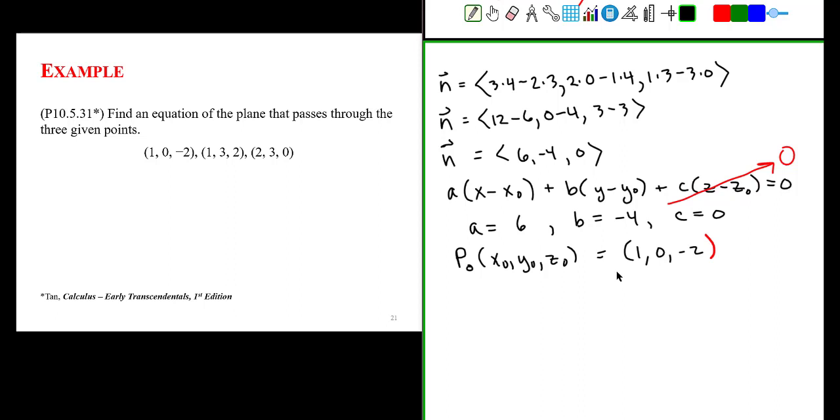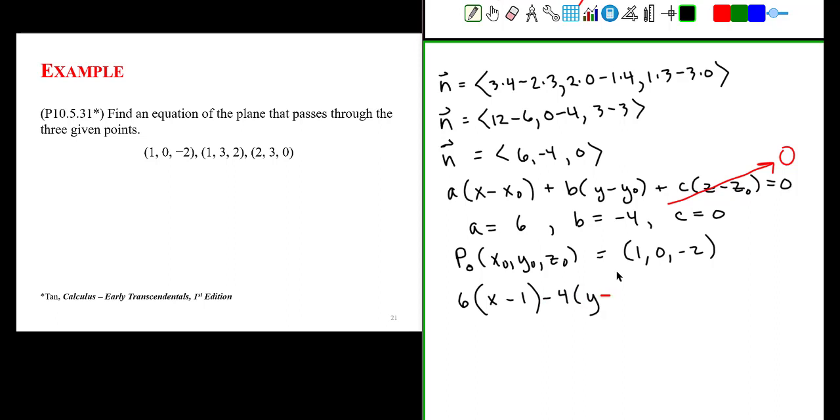So now writing our equation of a plane, we have A times x minus x naught, so that is 6 times x minus 1, plus B times y minus y naught. Well, B is equal to minus 4, so I'll just write this as minus 4 times y minus y naught.